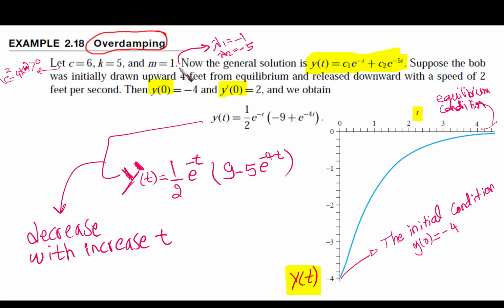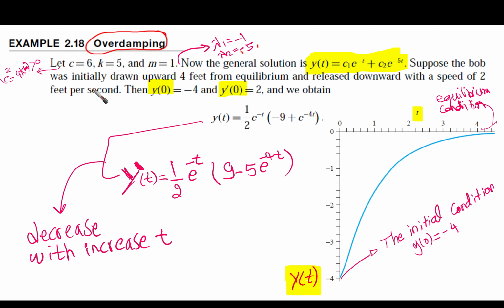So based on these values, we can have lambda 1 equal to minus 1 and lambda 2 equal to minus 5. Now the general solution is going to be c1 e to lambda 1t plus c2 e to lambda 2t, as we said, with lambda 1 equal to minus 1 and lambda 2 equal to minus 5.